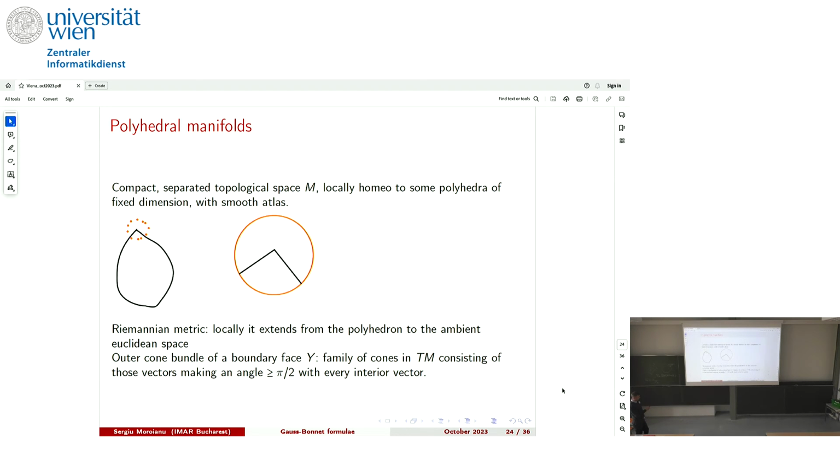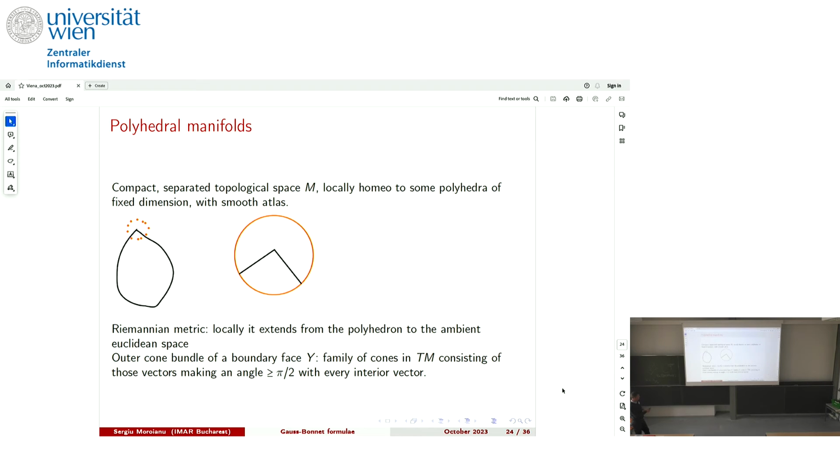And now, using that, you can prove a Gauss-Bonnet formula for polyhedral manifolds. So what is a polyhedral manifold? It is a topological space which is locally homeomorphic. So it's, I guess, a topological manifold. But the atlas is smooth, modeled on polyhedra, convex polyhedra. Okay, I believe this is standard.